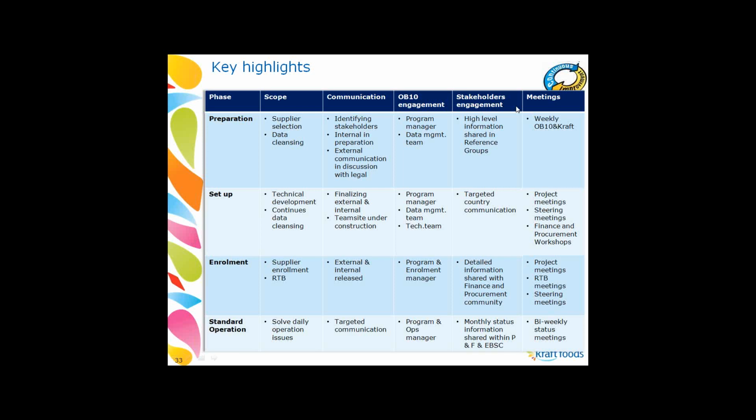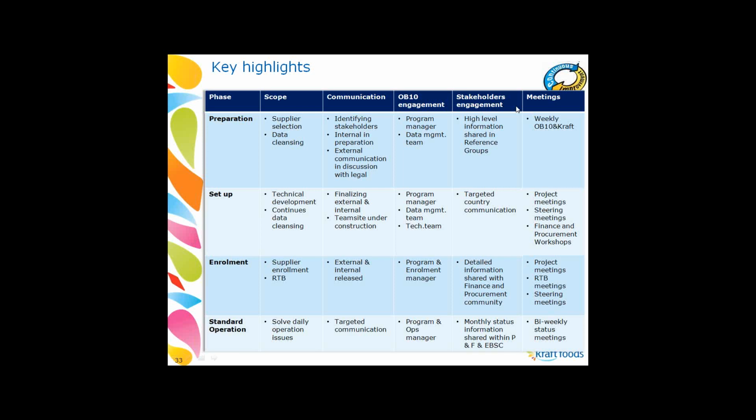Apart from that messaging we were sharing with our key stakeholders, if I summarize key highlights, this is one of the most important slides, I consider personally, because I would be very happy if I would have had the opportunity to see that slide when I started the project.